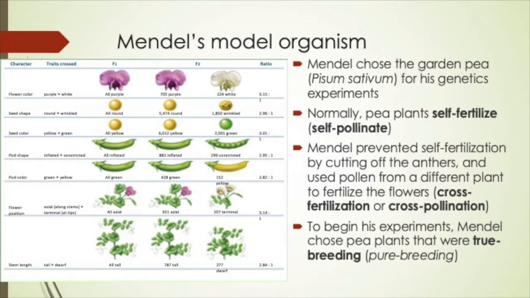His model organism was Pisum sativum, which is the garden pea. These peas can self-fertilize, they can self-pollinate. Basically, you have the male and the female parts on one plant, and they can pollinate themselves.